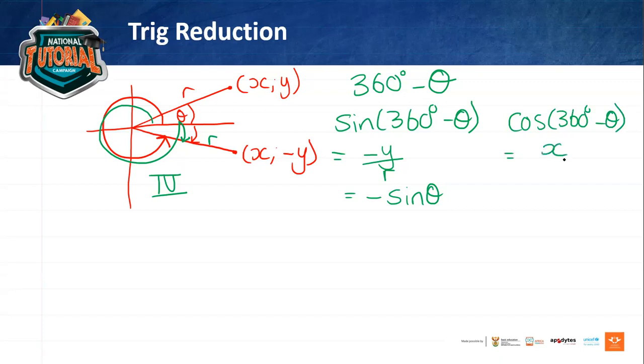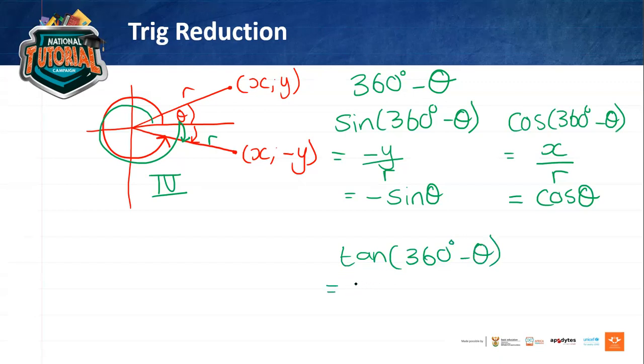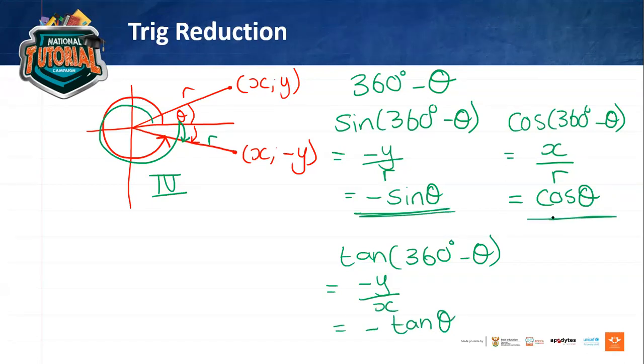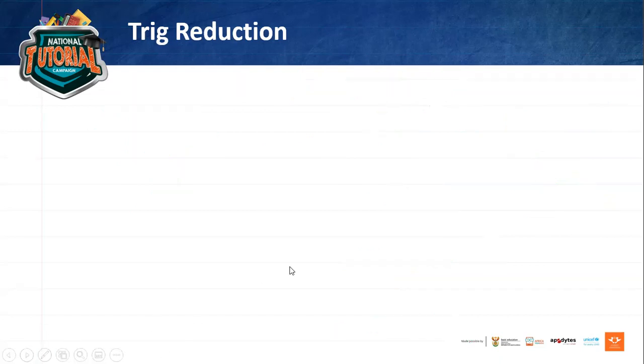So in our case, x is still positive and r is also positive, and so we end up with exactly what we got in quadrant 1. And tan of 360 minus theta, we're sitting here with y over x, and y is now negative. And so we see we've got a negative of what we got in the first quadrant. So in quadrant 4, sine and tan are negative while cos is positive.